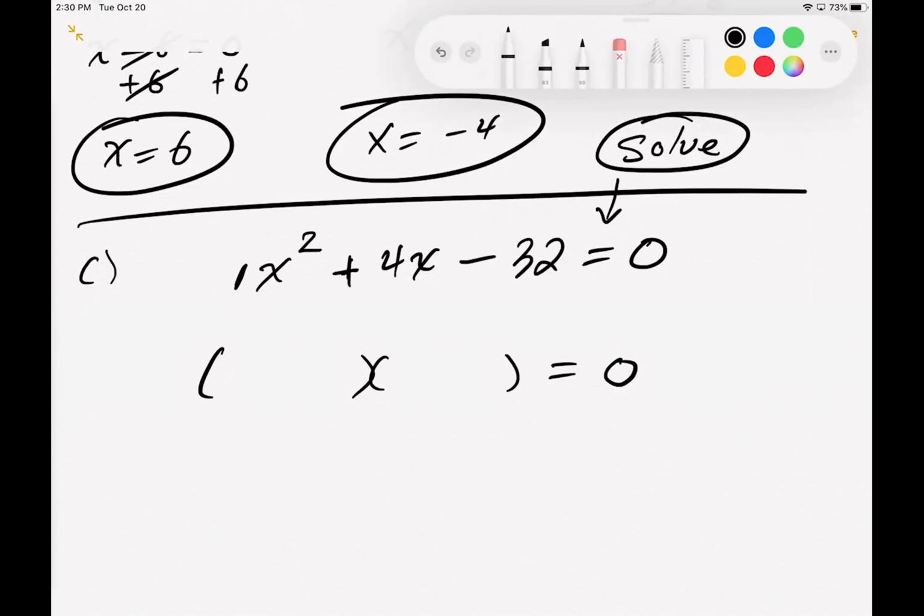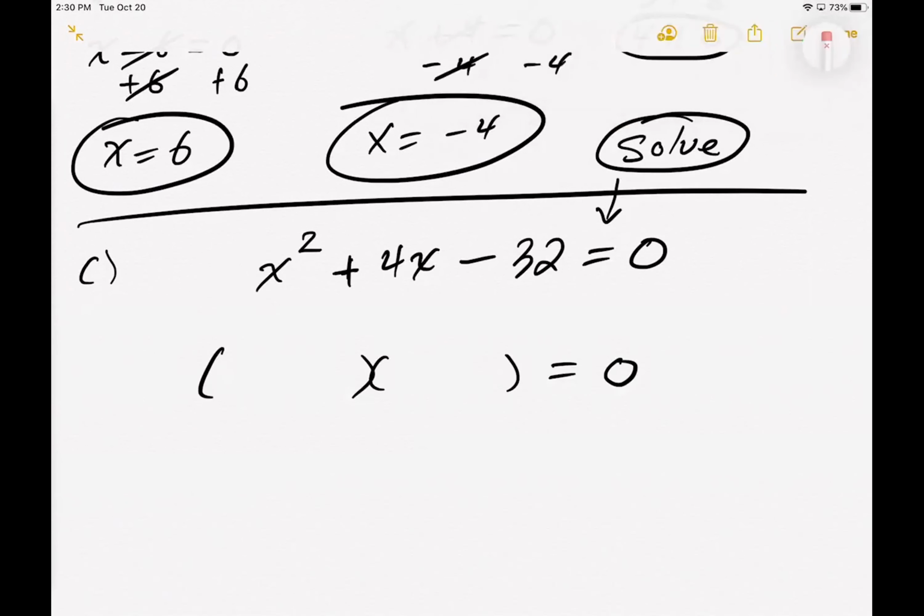And that's why it's easy, because we don't need to do the AC method, okay? If there's no number in front of x squared, that's your easy one. All you need to do is ask yourself, is there two numbers multiplied to give you 32, but subtract to give you 4?